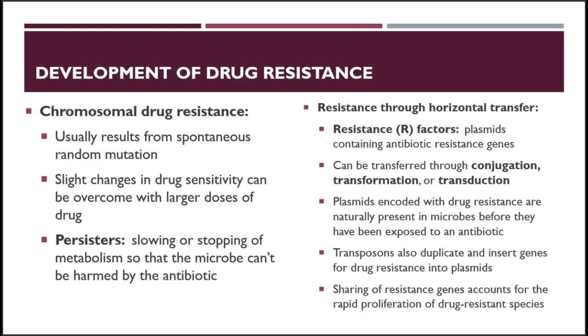So let's look at these 2 methods for developing drug resistance. In chromosomal drug resistance, we're talking about a spontaneous random mutation that happened to be beneficial for the organism, allowing it to resist a particular drug.